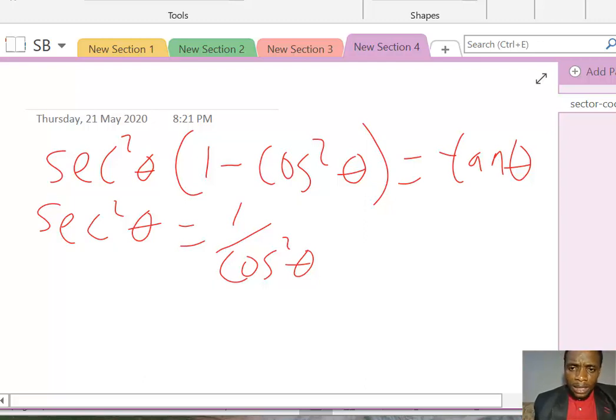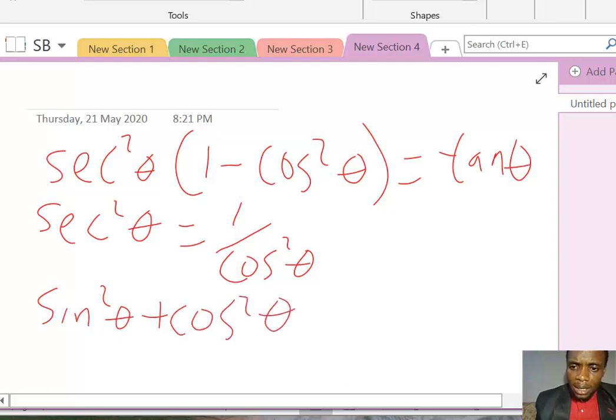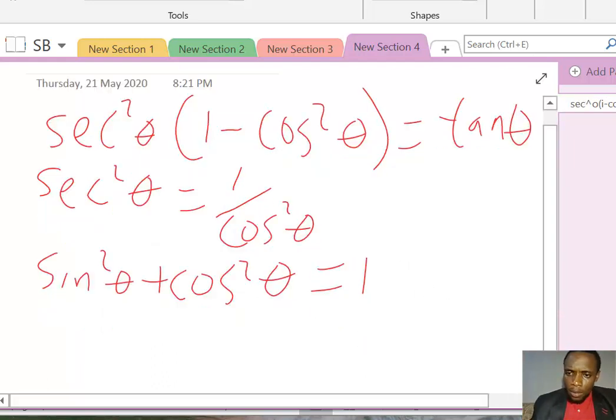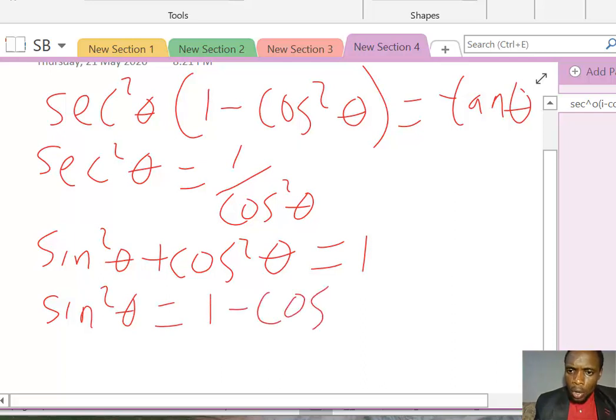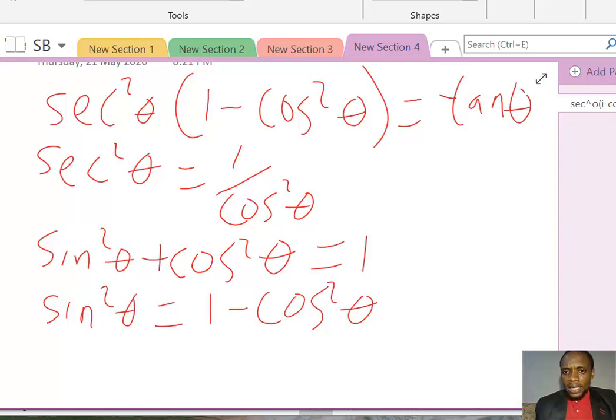And if you recall as well, we said sin squared theta plus cos squared theta, we just proved it, equals 1. If you now make sin squared theta the subject of the formula, we have sin squared theta equals 1 minus cos squared theta.